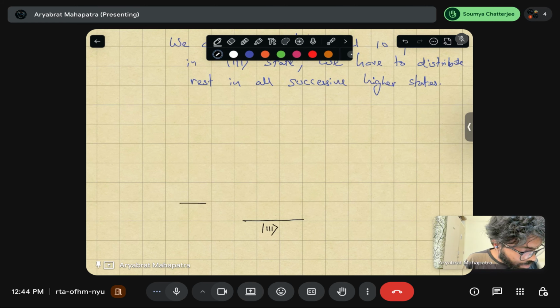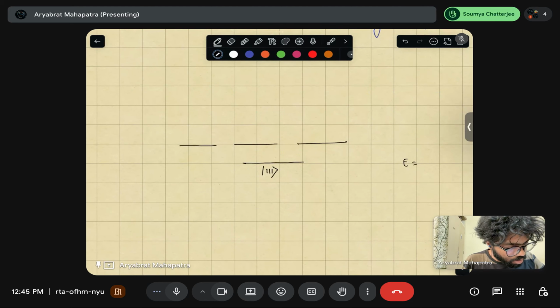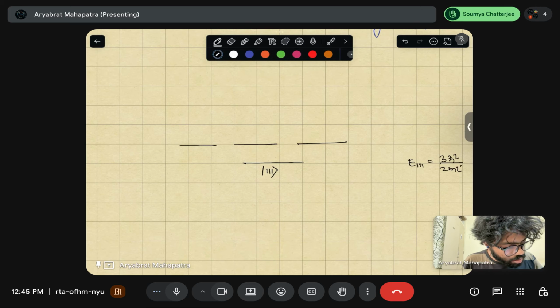Then you have three states with the same energy. This is your energy, 3ħ² over 2ml².